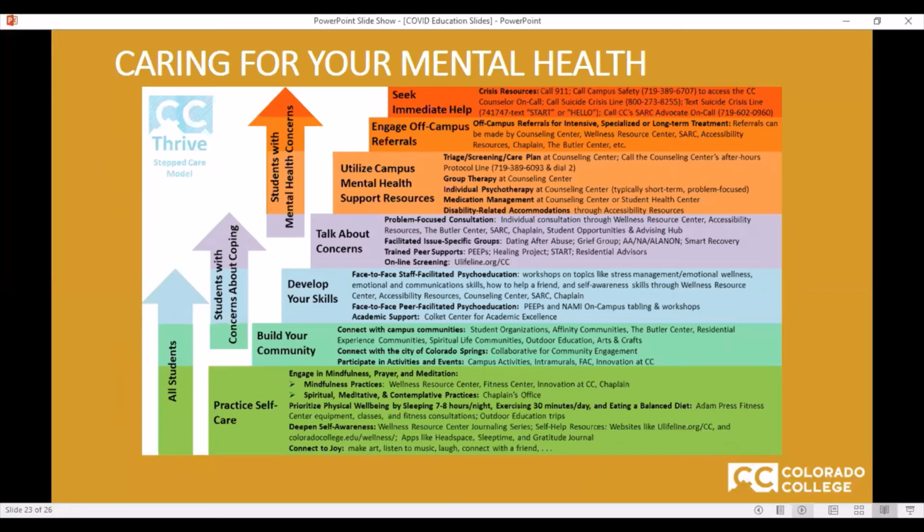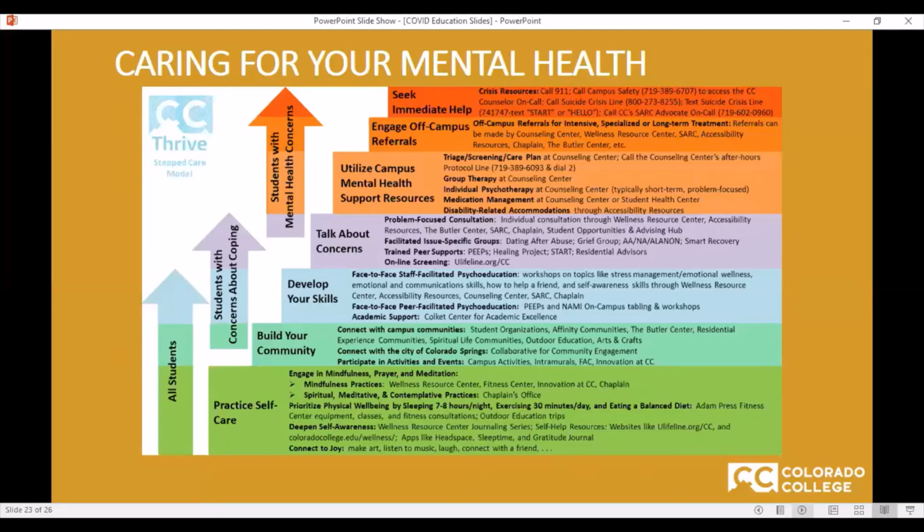Common reactions include anxiety, worry, feelings of helplessness or anger, difficulty concentrating, difficulty sleeping, social withdrawal, and hypervigilance to your body and health. We often think of mental health as only being relevant when someone's having a hard time, but we can all engage supports and resources along the entire spectrum of well-being.